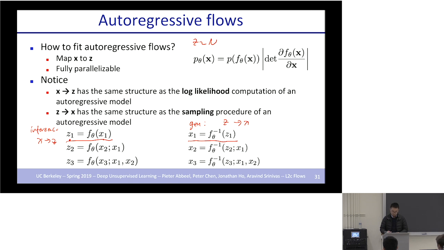Right, so what you obtain now is you get back z1. And then what you can do now is you can say, how can I get back z2 from x2? And then you look at the dependency of this function. This function says, I'm an invertible function that is parameterized by x1. And in the inference path, I already have x1. So I can actually compute this in parallel with z1.